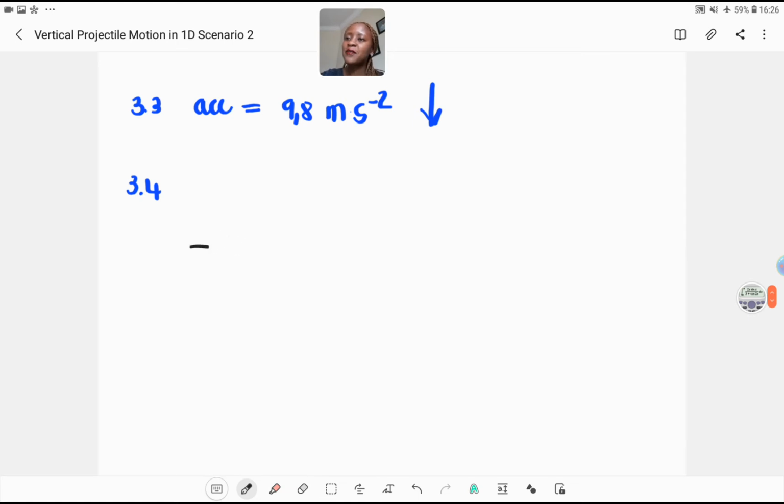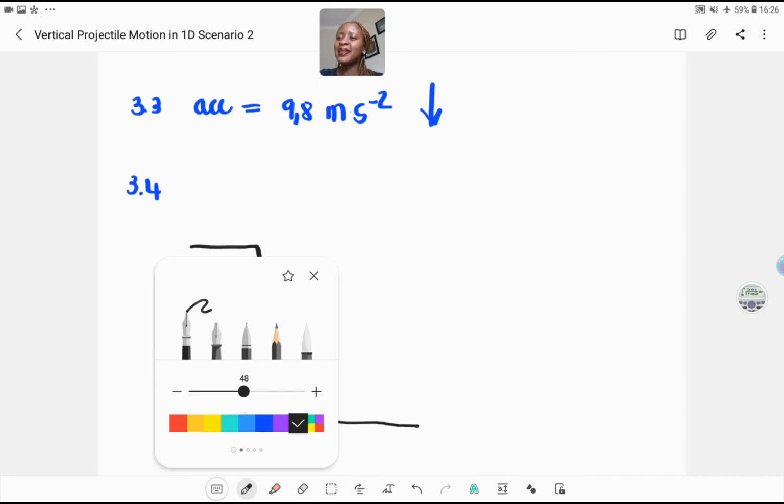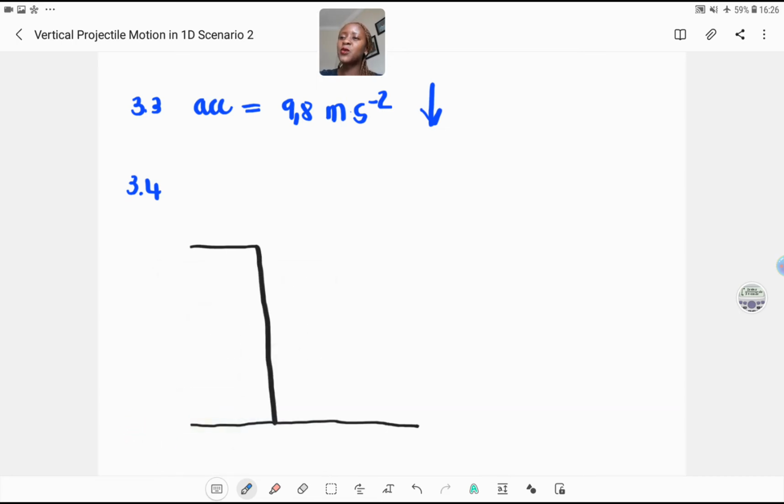So I have my building here, and that is the ground. And then I have stone A, which was dropped. Remember, no, I think that's stone B that was dropped. So that's like a scenario 1 type problem. You have this, it was dropped, and it reaches the ground.